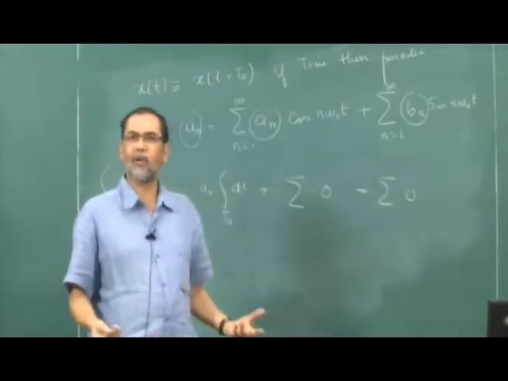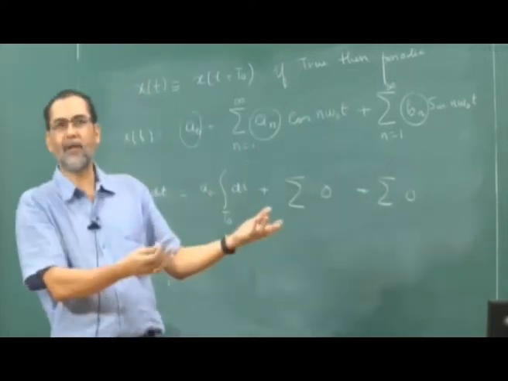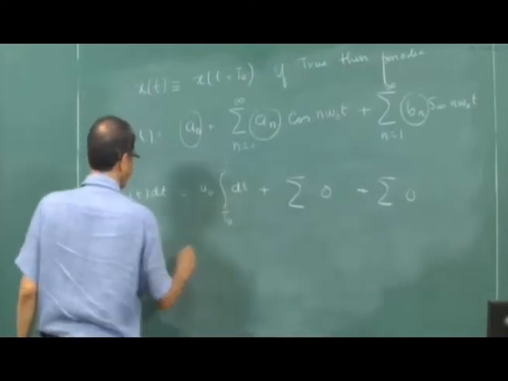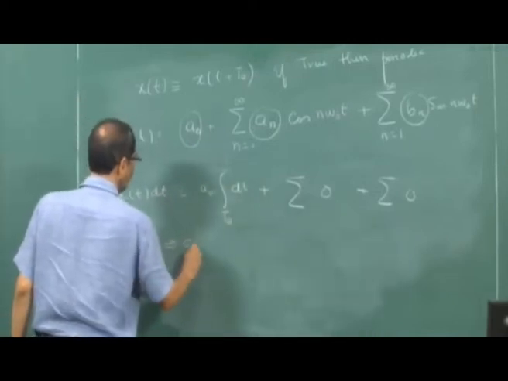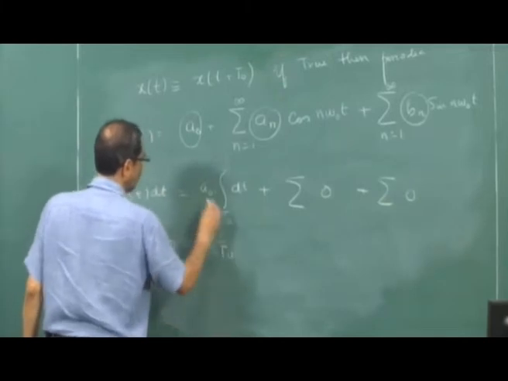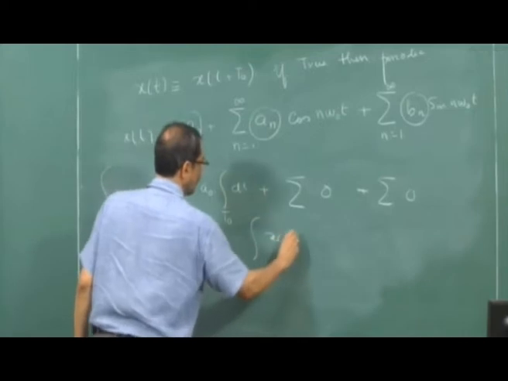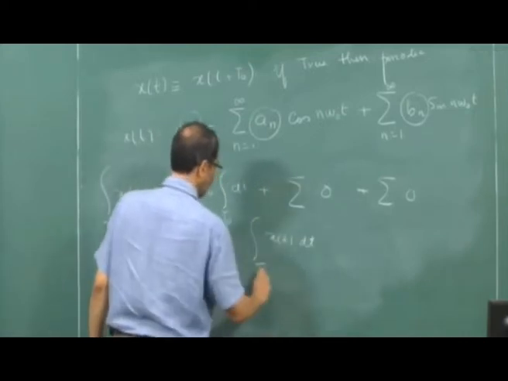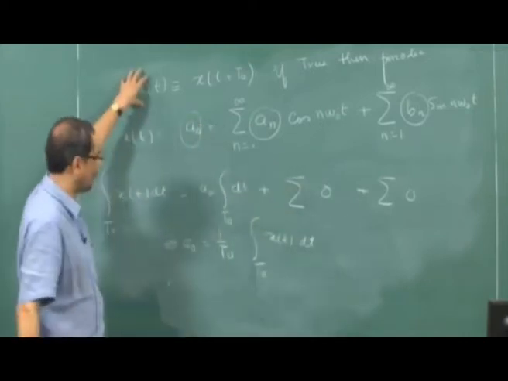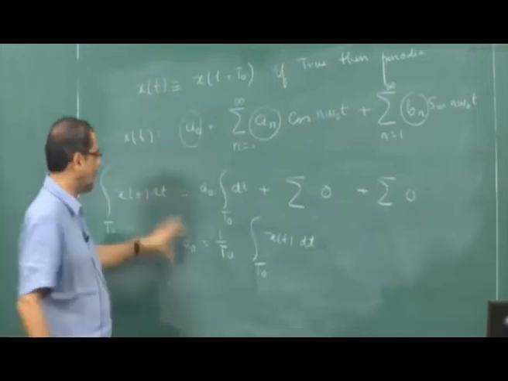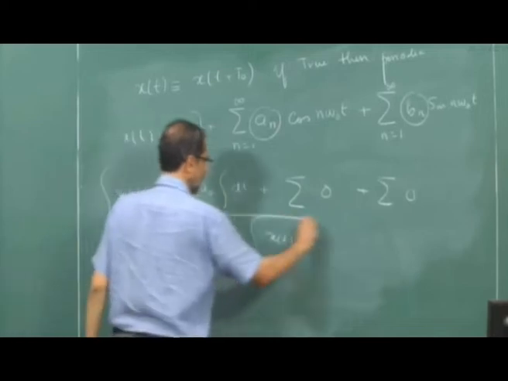I am integrating over a period, making use of the properties of cosine and sine functions. So from here you get a naught is 1 by T naught times the integral of x of t dt over T naught. Given any x of t, if you want to find a naught of the Fourier series, then you carry out this integration.